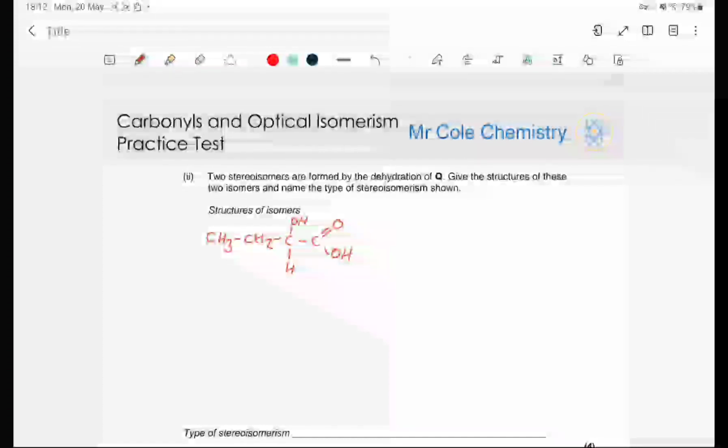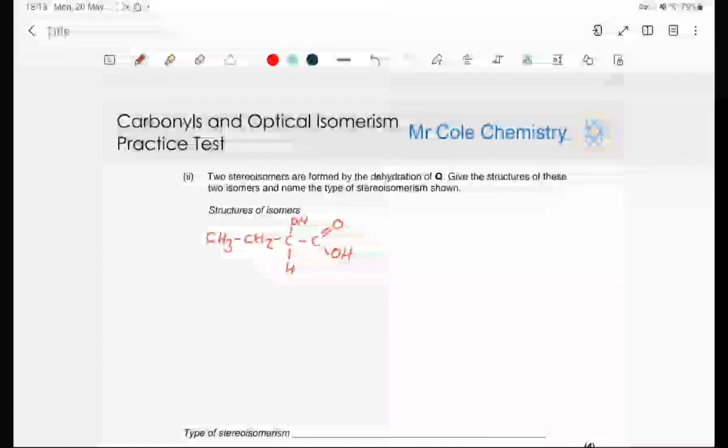Now, optical isomers only form when you have 4 unique groups around a central carbon, whereas geometric isomers are what you get when you have an alkene. So we have to figure out what's happening in the reaction and see whether we have an alkene or not. If it's an alkene, it's going to be geometric. If we haven't, then we're probably looking at optical isomers.